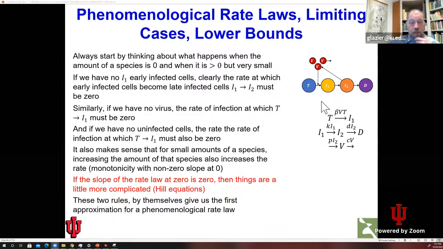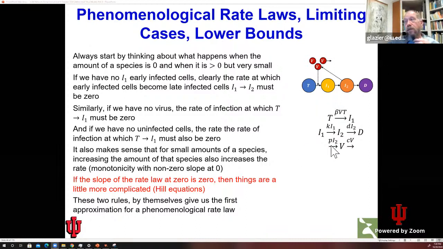So if the level of virus is 0, the level of infection ought to be 0. Similarly, if we have no early infected cells, the number of late infected cells we get should be 0, exactly. And if we have no late infected cells, those cells can't die, so the rate of death of I2 cells should also be 0. Similarly, if there are no infected cells, they can't produce any virus.